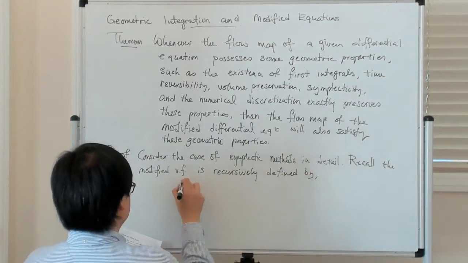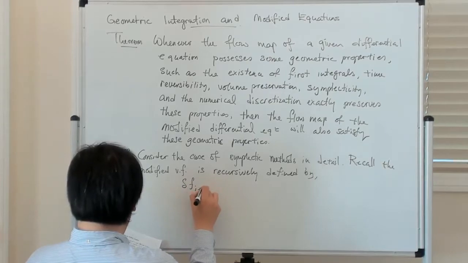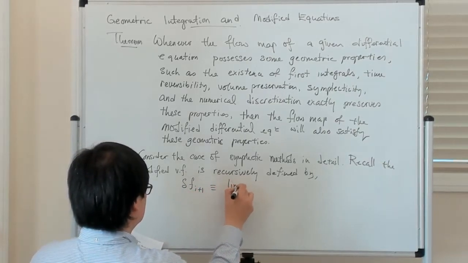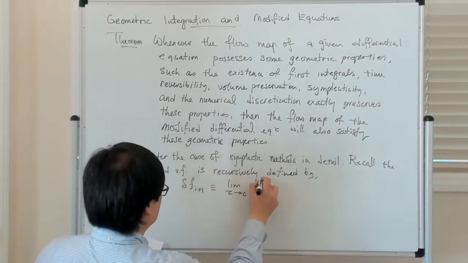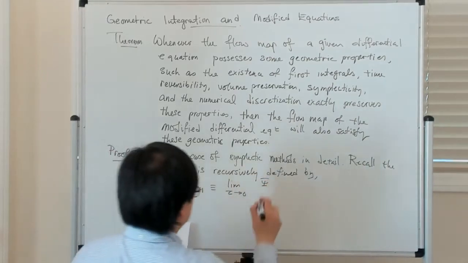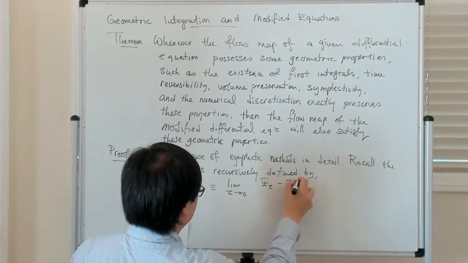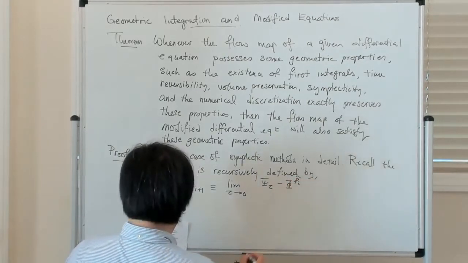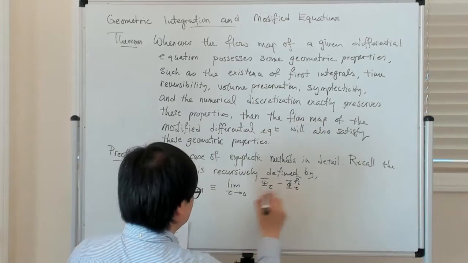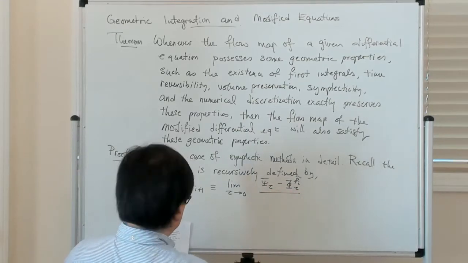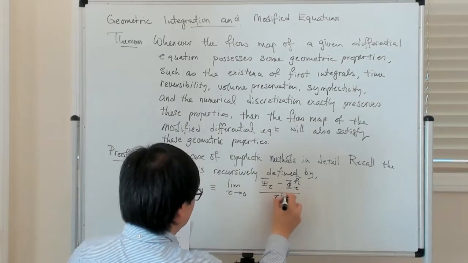So you have this delta f_{i+1} term, which is the limit as tau goes to 0 of the difference between the one-step method and the exact flow of the modified vector field up to the i-th recursion index, divided by tau to the i plus 2.